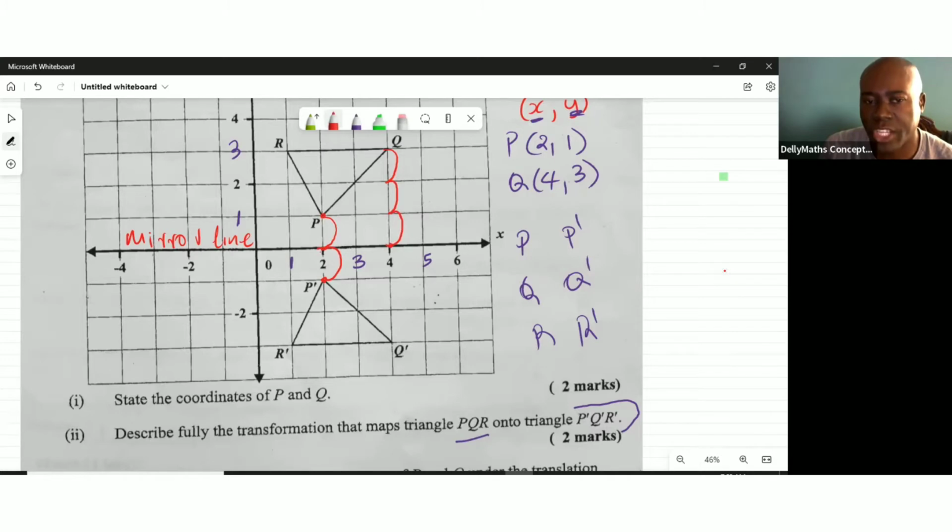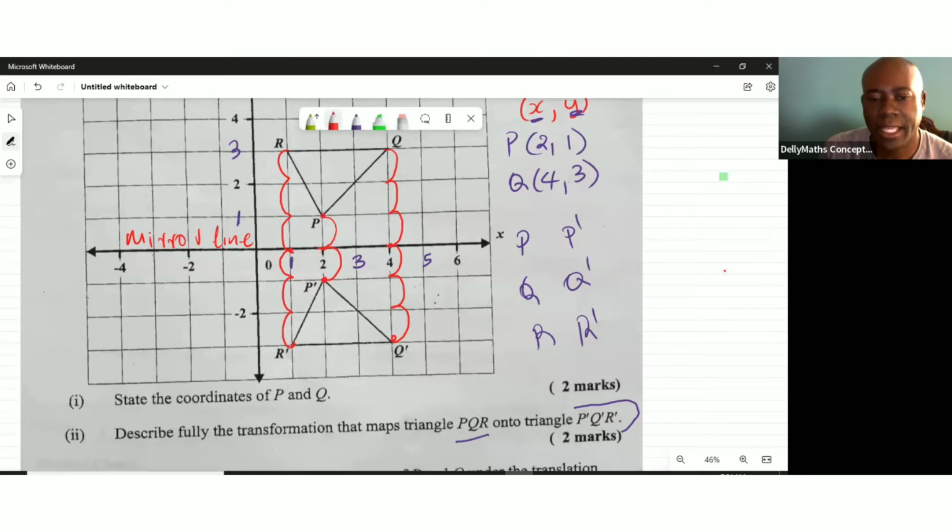So its reflection would fall 1, 2, 3 units below. I'm going to check R. R is 1, 2, 3 units above the x-axis. Its reflection would fall 1, 2, 3 units below.